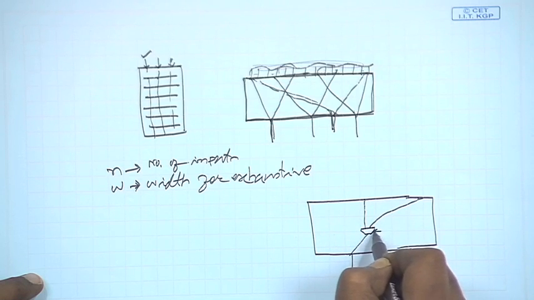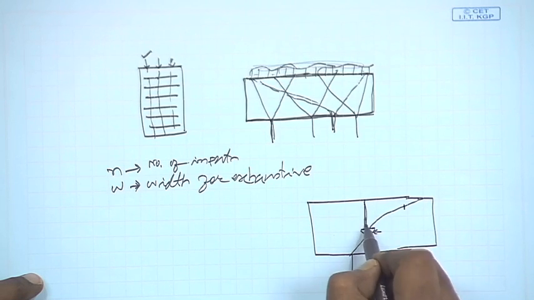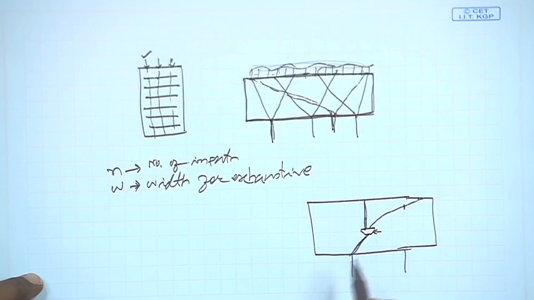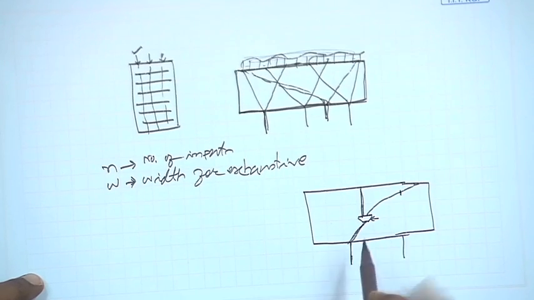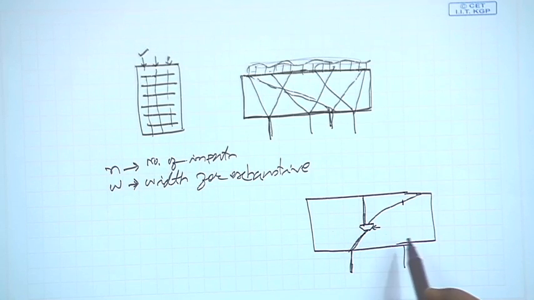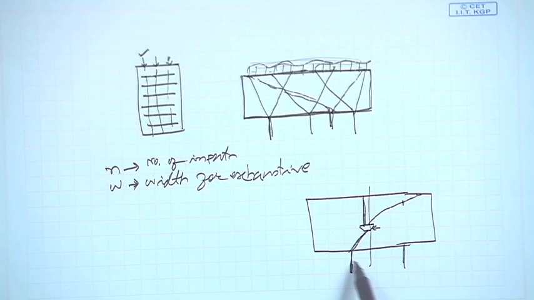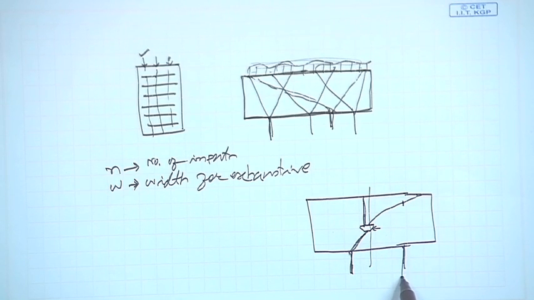In the test mode, this input is changed to this input. As a result, the cone of dependency for this particular output will change. In this way, the circuit gets partitioned: one partition corresponds to this output, and another partition corresponds to this output.